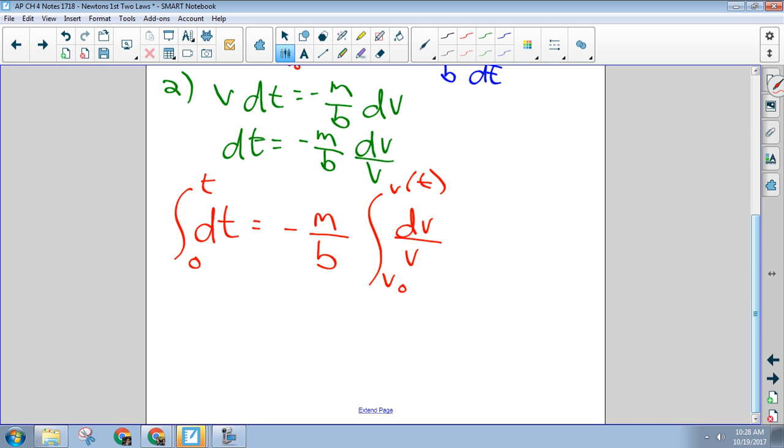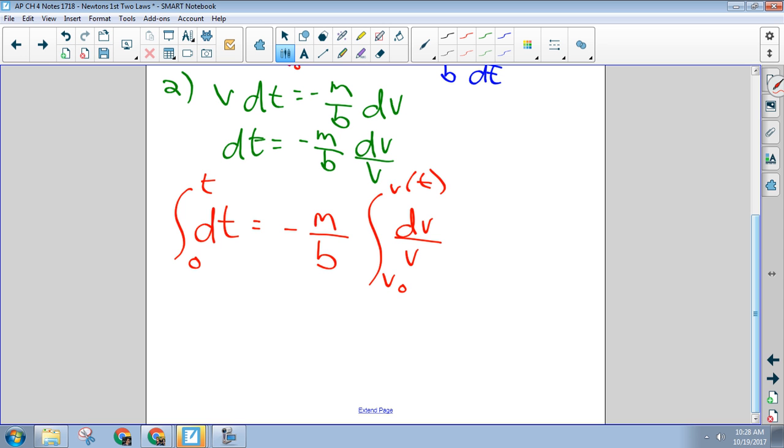So what we're doing here is integrating across equal time intervals. In the first t seconds, 0 to t, my velocity is going from v naught to something, and that something is the thing I'm trying to find. Follow?